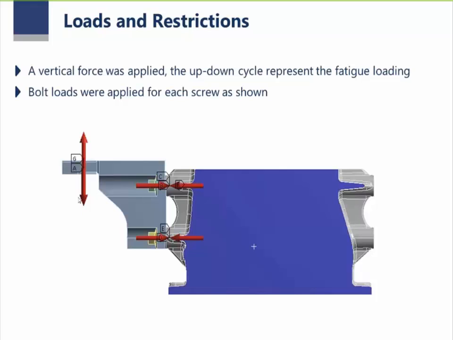You apply the maximum going up and going down, and this creates the cyclic fatigue load. And before this variation of load, we apply the bolt load in the simulation. So the first time step is the bolt load, and after that this stress variation.